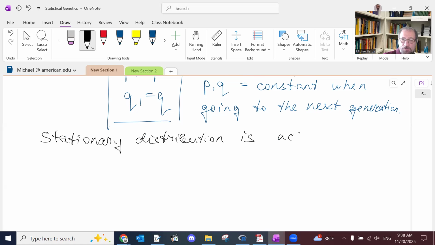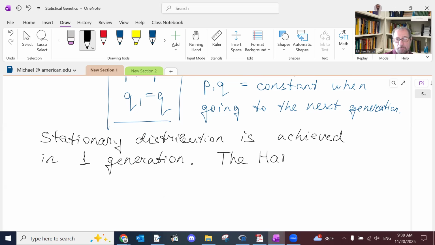The state converges to the stationary distribution in one generation. And this is a known result. This is called the Hardy-Weinberg law.